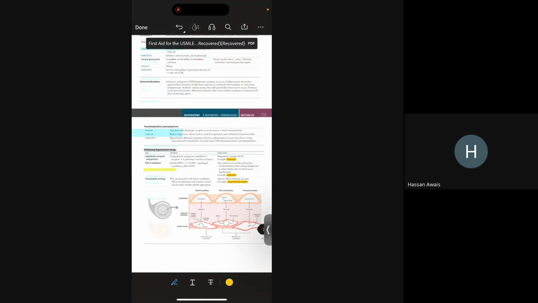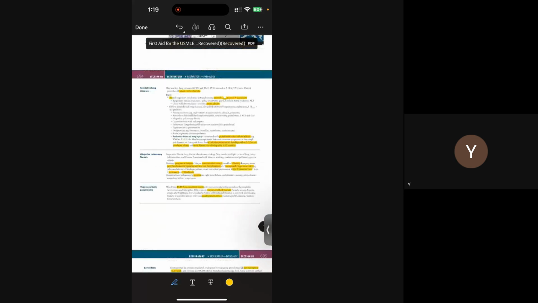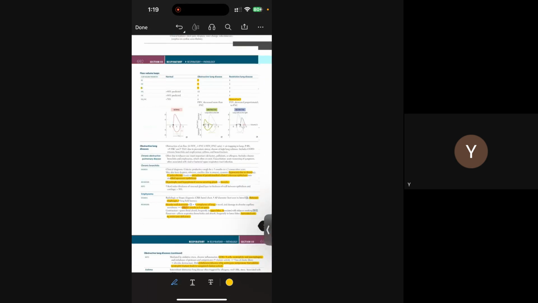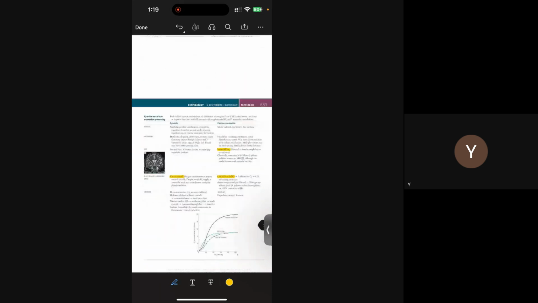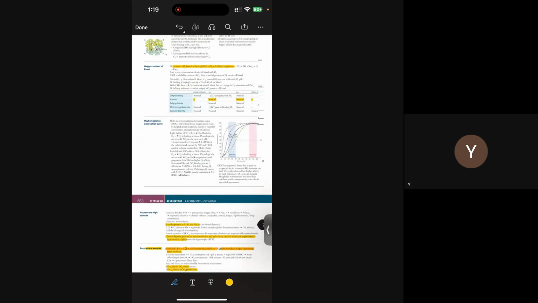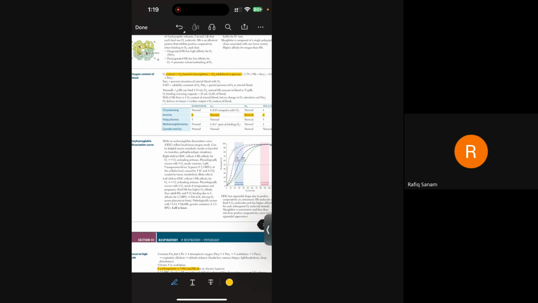Venous has more chloride? I'm not sure. Why? Venous will be like an acidic picture, more CO2. I think carbon dioxide and chloride are shifting with one another.